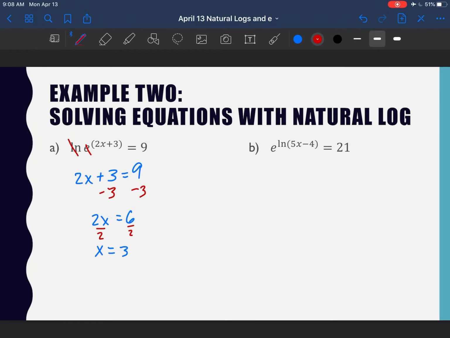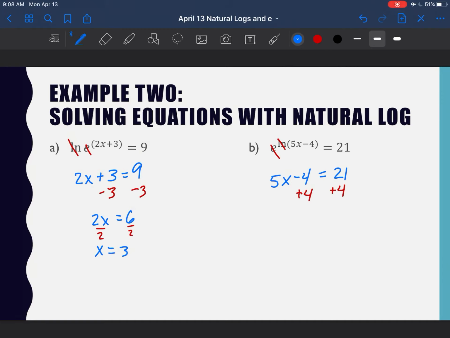Easy equation to solve there. Same thing on the second one. Again, make sure e and ln are side by side. If not, that doesn't work. But in this case they are, so they cancel each other out. And you have 5x minus 4 is equal to 21. Super simple, add 4 to both sides.